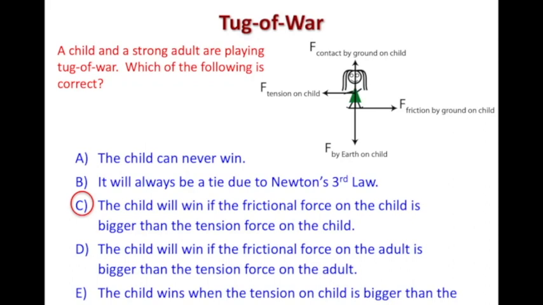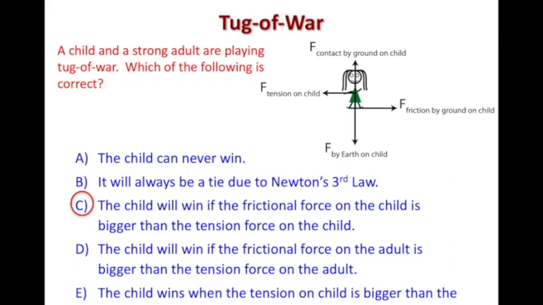Why would we normally think an adult is going to win tug of war? Well, you win, we just decided, by having more friction, by being able to overcome the tension force with friction. And we've only done this a little bit, but what is friction normally related to? It's the normal force. Something's mass, its weight, right? The heavier something is, the more it's pushing down.